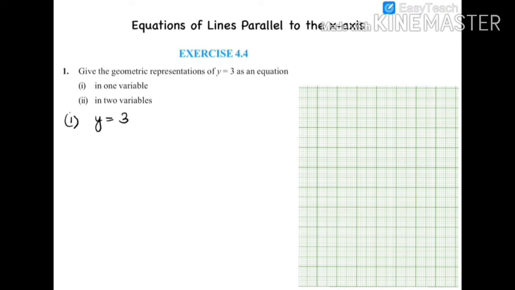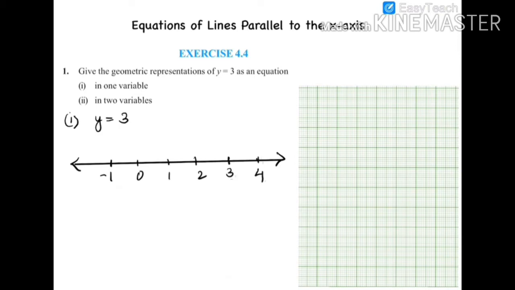The given equation is y equal to 3, which is already an equation in one variable. The solution of this equation is unique, that is y equal to 3. And this solution can be represented on the number line.